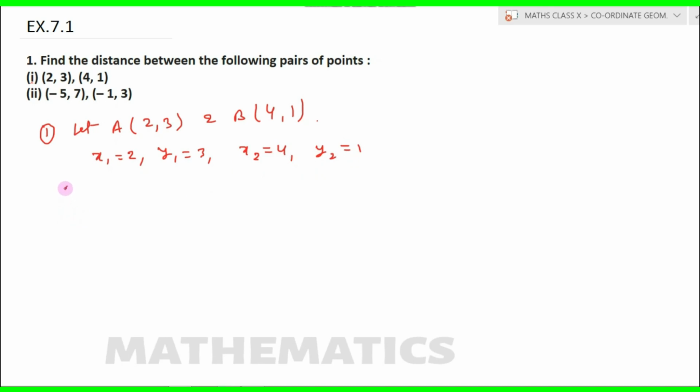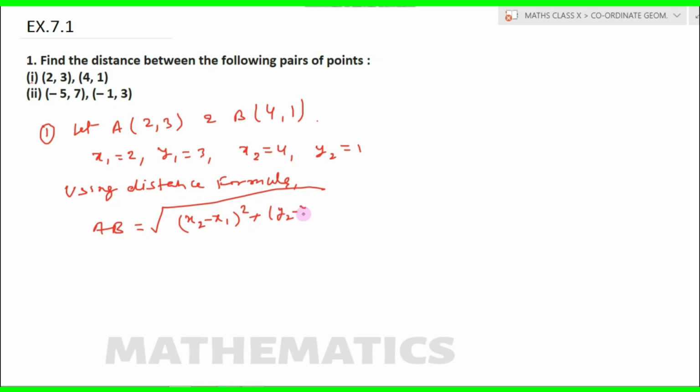So simply we write, using the distance formula, the distance AB is equal to the square root of (x2 minus x1) whole square plus (y2 minus y1) whole square, and after this simply you put the values. x2 is 4, so you write 4 minus x1, which is 2, so (4 minus 2) whole square, plus y2 is 1, so 1 minus y1 which is 3, so (1 minus 3) whole square.